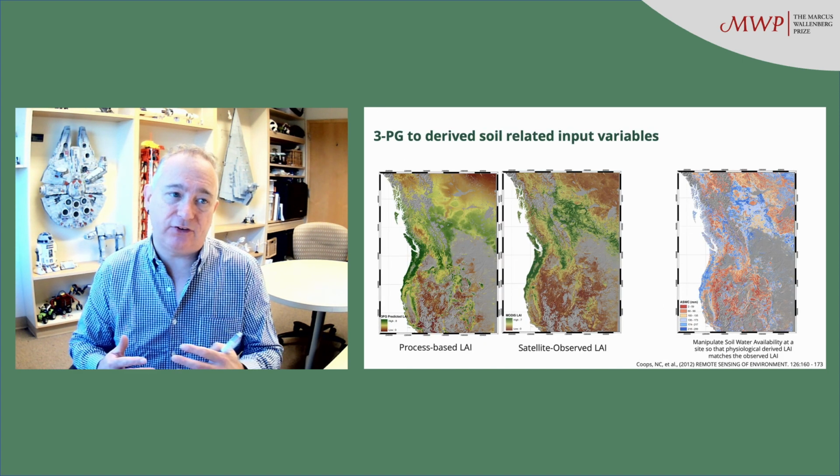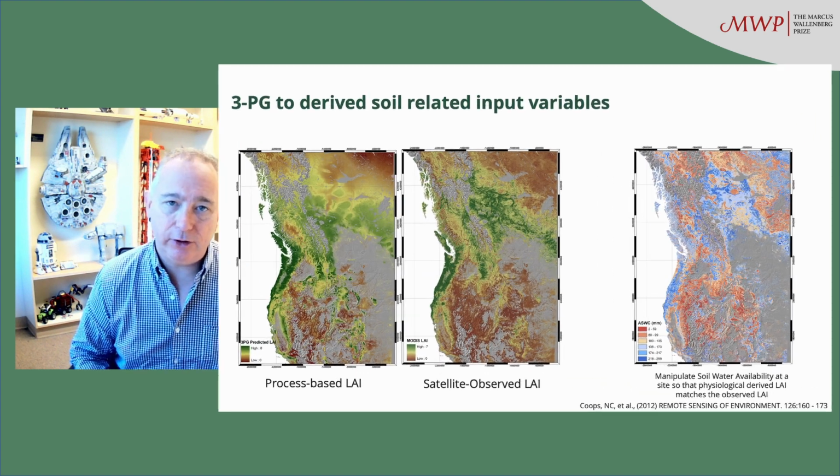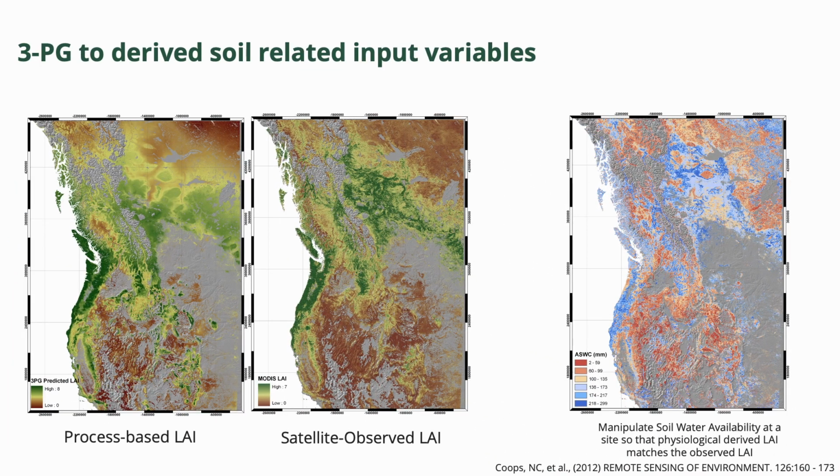Comparing 3PG to satellite-based imagery still today is an active area of research. Because satellites are able to observe these key variables that 3PG is able to predict, we can link those observations together.